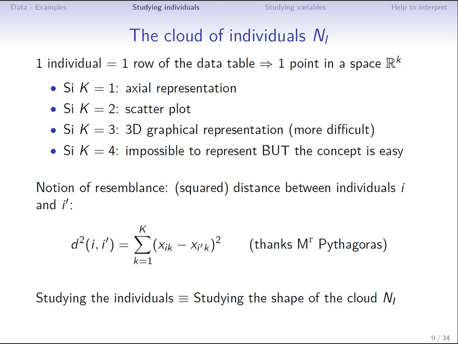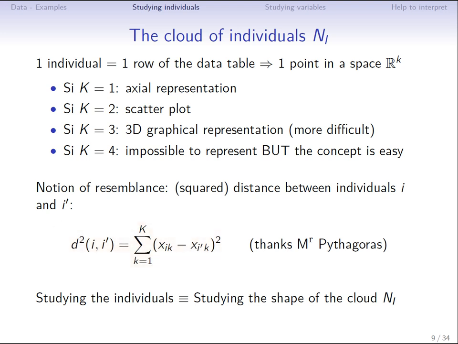For that, we will start by defining the notion of resemblance between 2 individuals. When can we say that 2 individuals are similar? 2 individuals are similar if they are close. So we can define the squared distance between 2 individuals, thanks to Pythagoras, by the sum of the squared deviations on each variable.